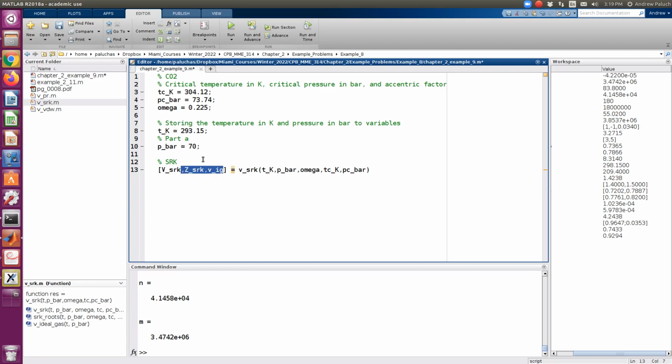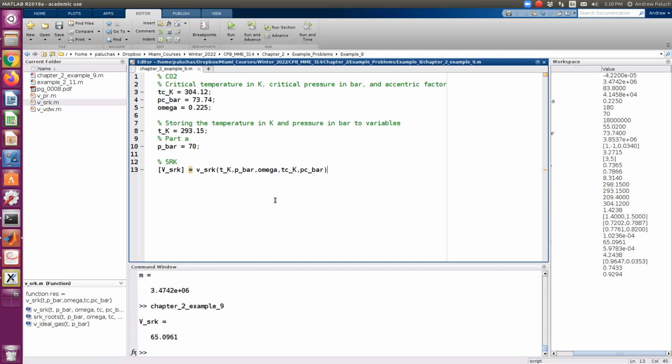But I just want V, so I'm just going to delete the others. Okay. And so I'll call this code V SRK. I pass to it temperature, pressure, eccentric factor, critical temperature, and critical pressure. Okay. And just to demonstrate this, if I click run, I get my volume, right?